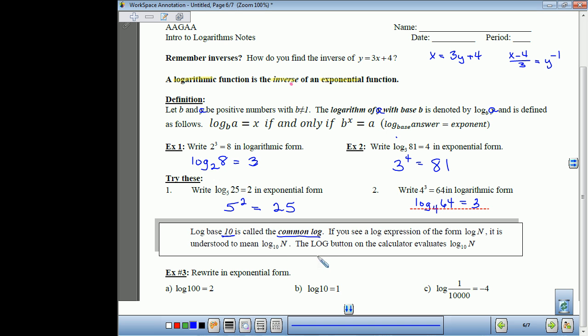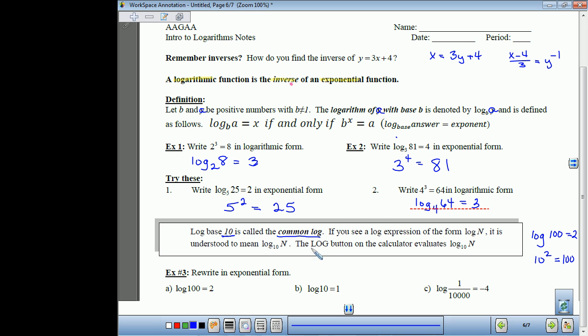If I had log of 100 equals 2, we would know this is base 10. 10 squared equals 100. So if there is no base written, it is assumed to be 10. It is the common log.